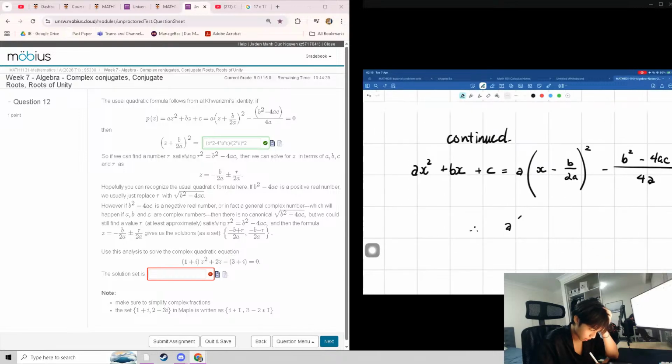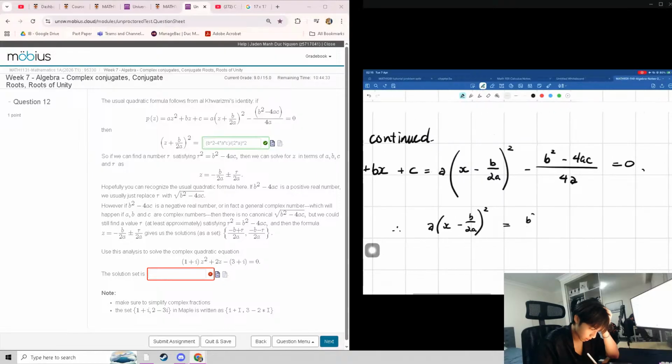Therefore, a times x minus b over 2a squared is equal to b squared minus 4ac over 4a.